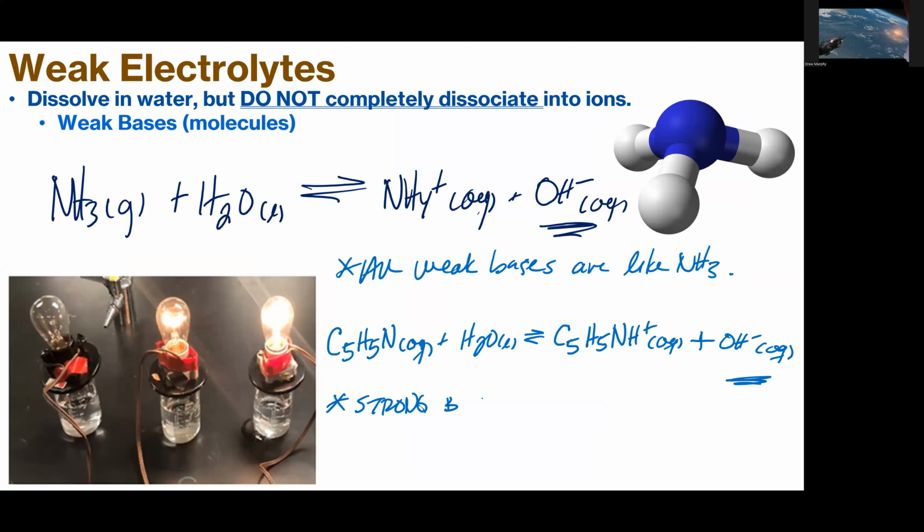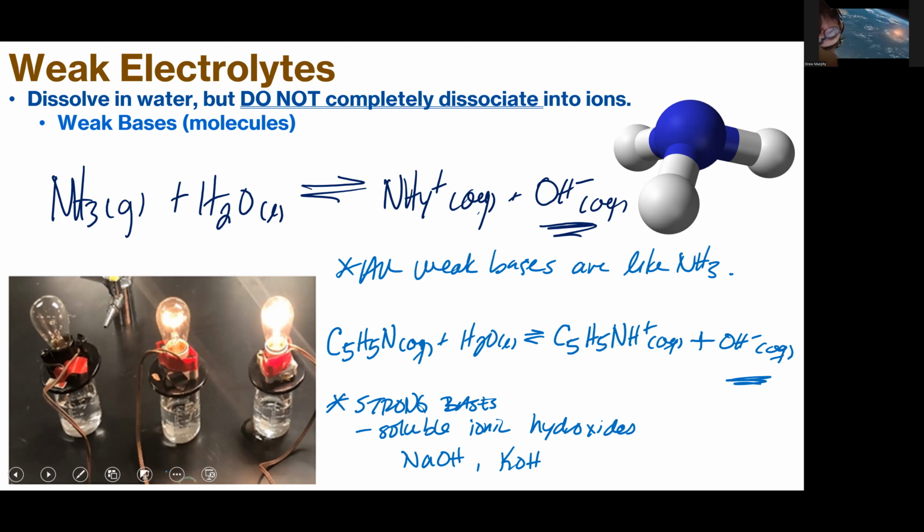Right? So sodium hydroxide is one of these, potassium hydroxide. There's several of these, and we'll talk about them again later too. But you don't have to stress too very much about strong bases because they behave the same way as soluble ionic compounds. Okay, all right.